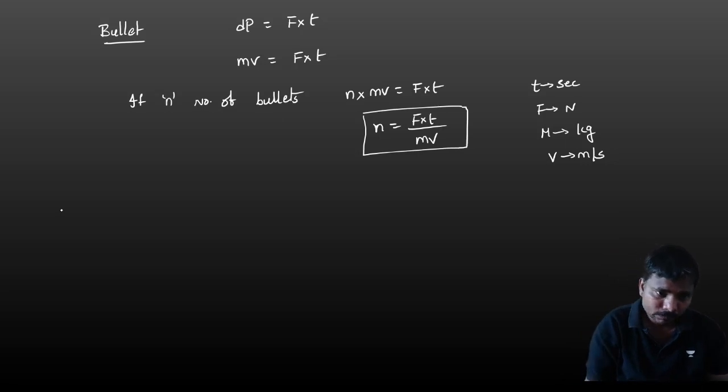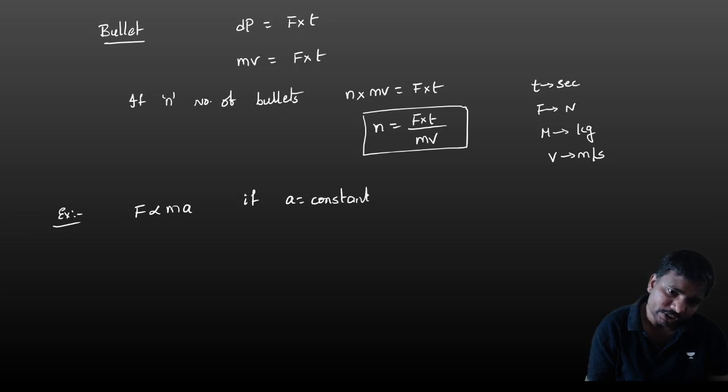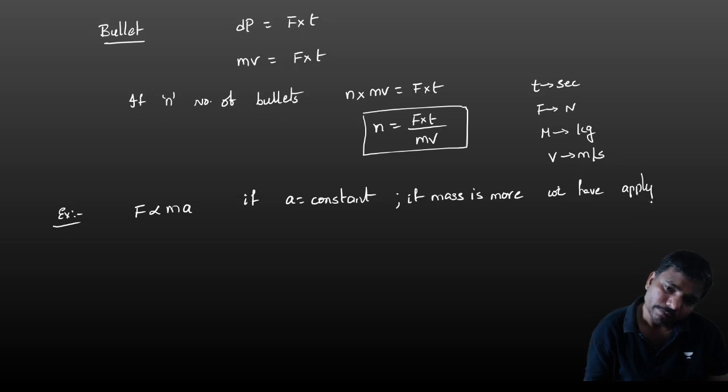And here some examples. Force is proportional to m into a. If a is equal to constant, if we have a constant acceleration, then if mass is more, we have to apply more force to move.